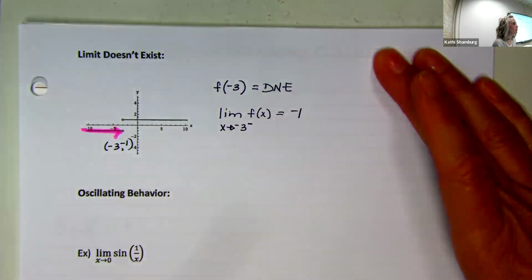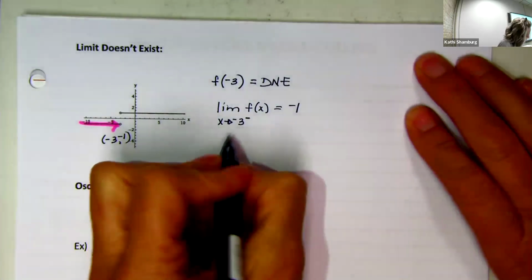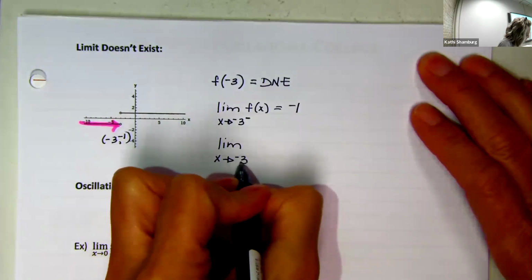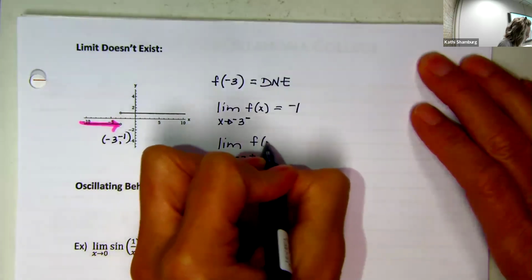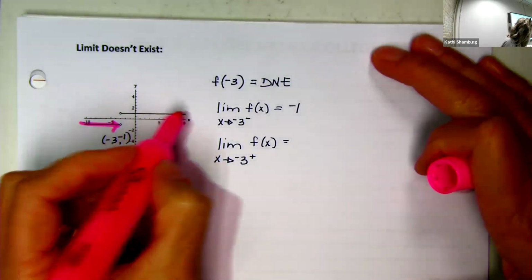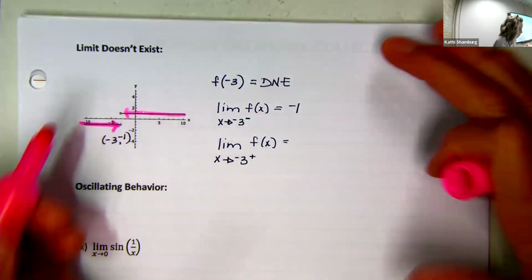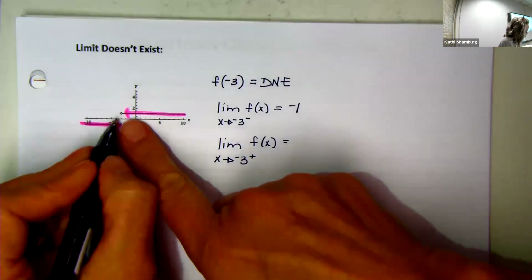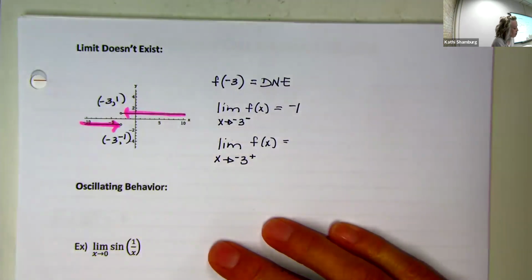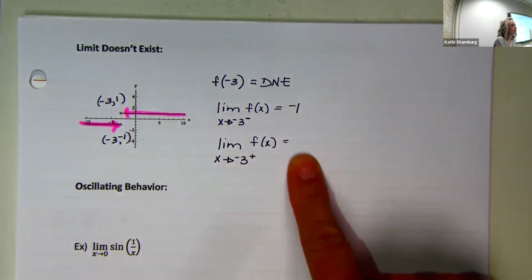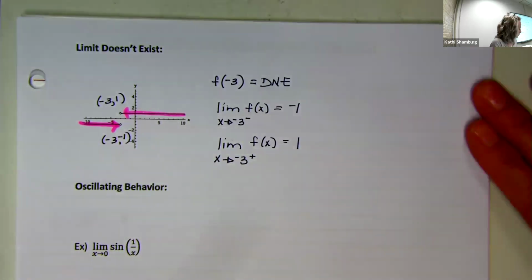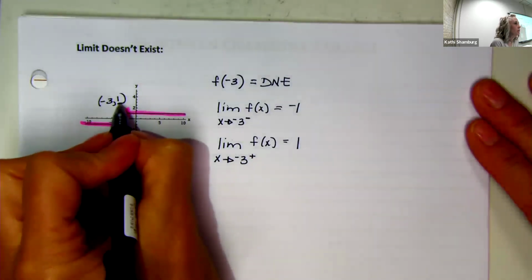The limit as x approaches -3 from the right. What is this ordered pair? -3, up 1. So what would this answer be? 1. It's always the output.